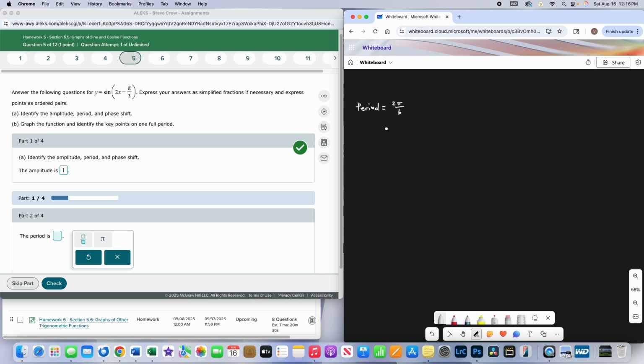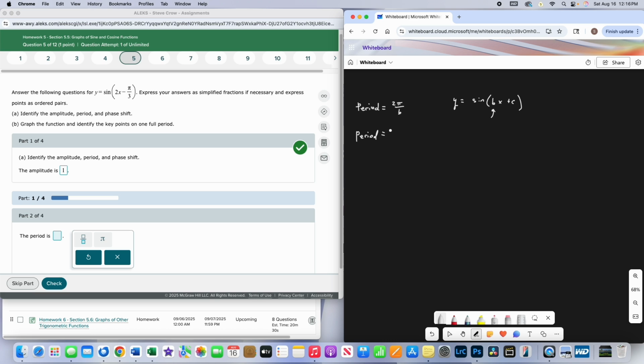Alright, and you can see this is in the form y equals sine of bx plus c. I mean, you could have bx plus c, bx minus c, whichever one, but b is the number in front of x.